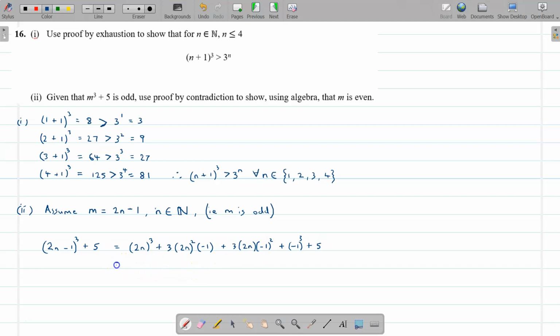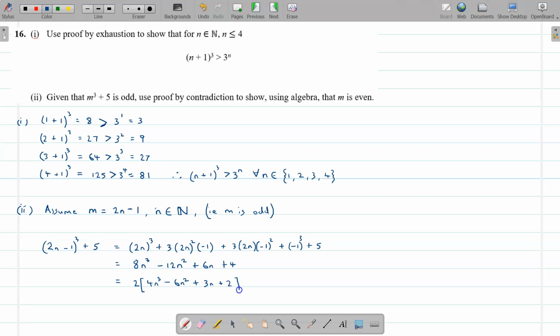Okay, that is equal to 8n cubed minus 12n squared plus 6n and plus 4, which I can now show is equal to 2 lots of 4n cubed minus 6n squared plus 3n plus 2.